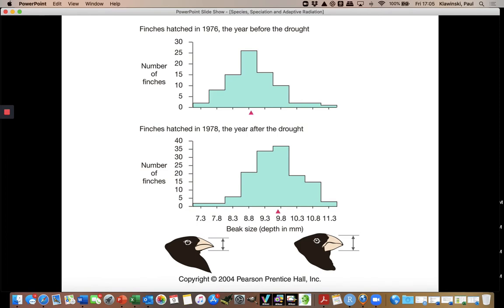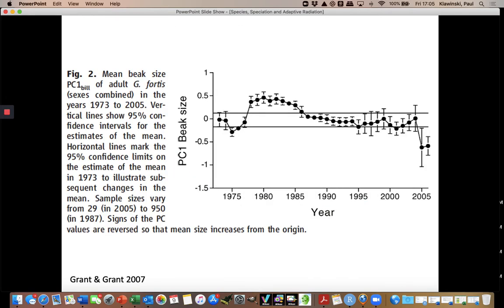And so what has happened over time during this time period is you went from regular beaked finches up to very large beaked finches, and then over time that slowly went back to being medium beaked finches as a result of just slow drifting of this population going back, probably in the lack of directional selection keeping those beak sizes large.